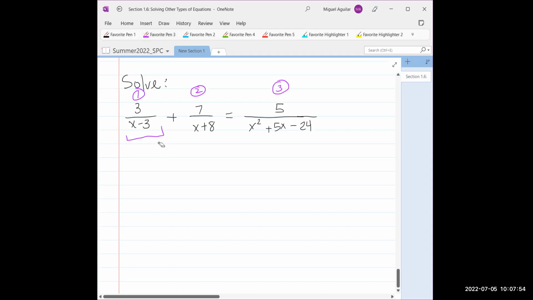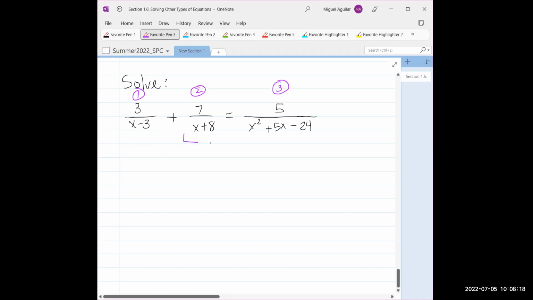What did you say? I just asked, what is the restricted value for this first expression, the first term? What's going to force you to divide by 0? And Diana said it'll be 3, because 3 minus 3 in the denominator would force you to divide by 0, right?